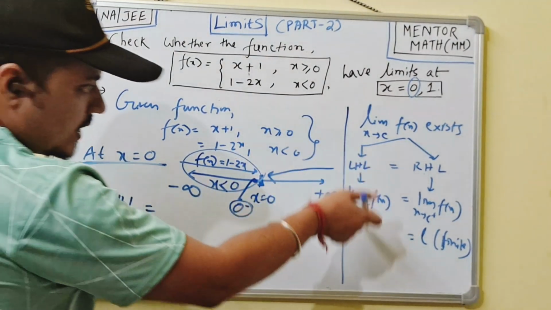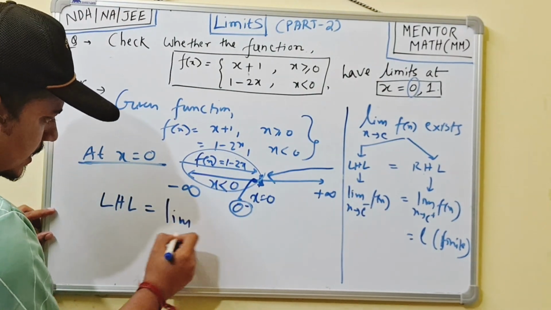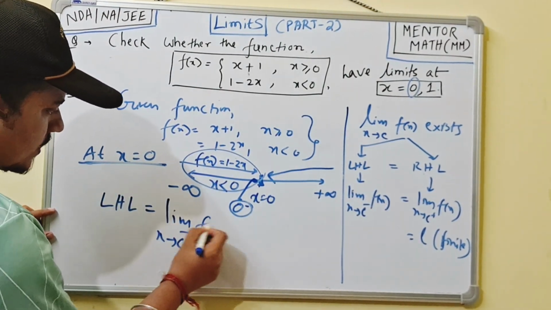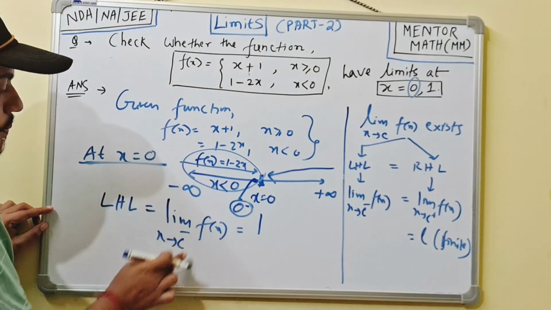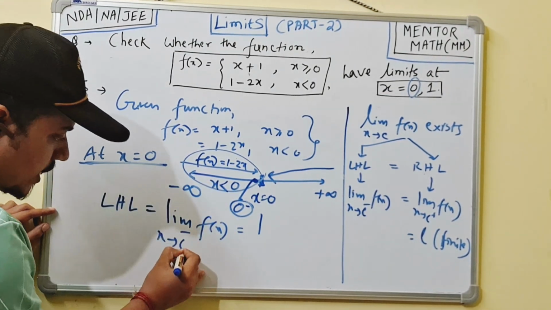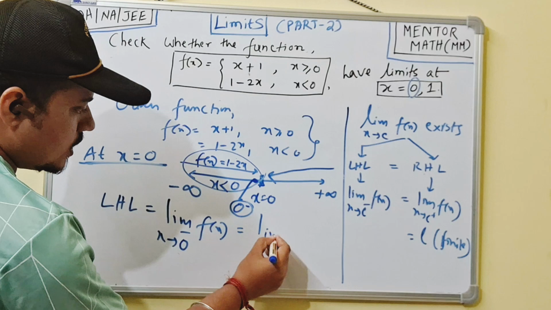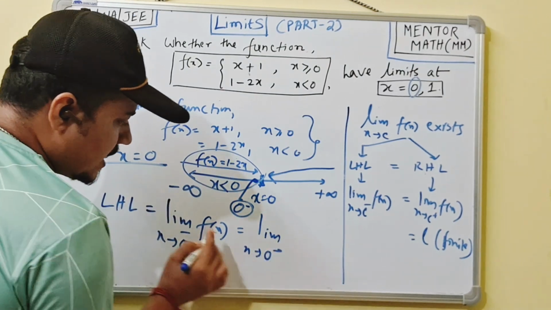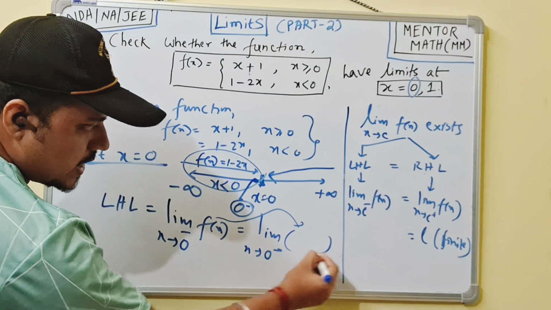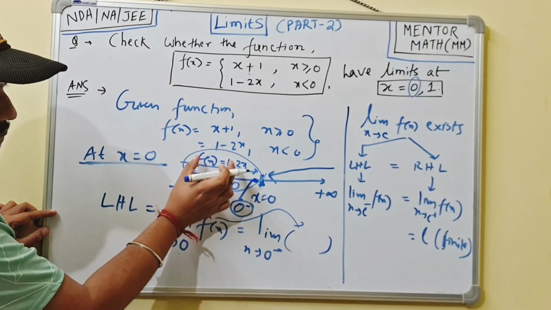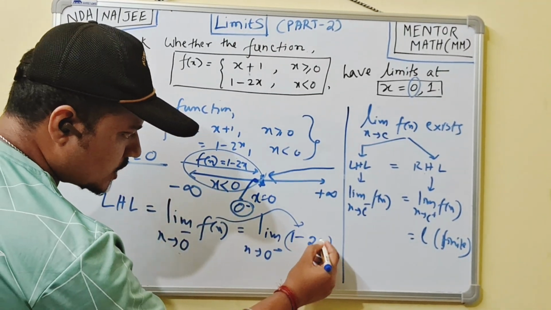So for the left hand limit, limit x tends to c negative f(x), here c is the particular point, so you write limit x tends to 0 negative, and the function value is 1 minus 2x.